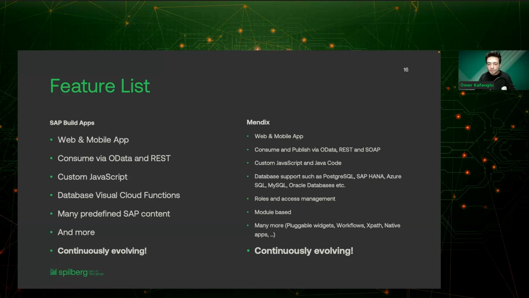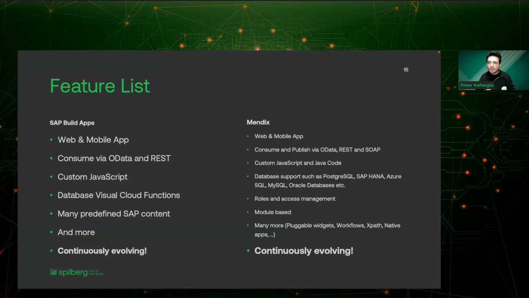Mendix is also module-based, which means the features we build, we can put them in modules. So it's kind of its own world that has one purpose, and you can build it really cleanly and then use that module everywhere again. You can export it, use it in your different projects, and even use it in the marketplace.